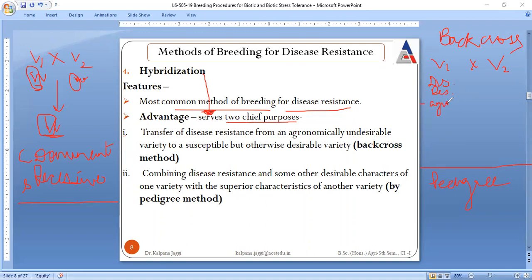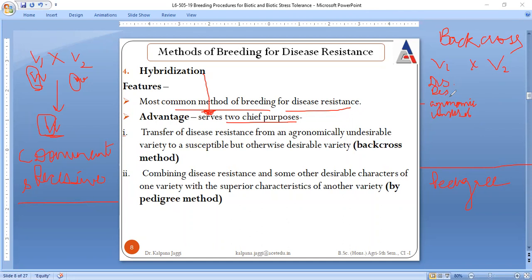From the agricultural point of view, it is not much profitable or beneficial.